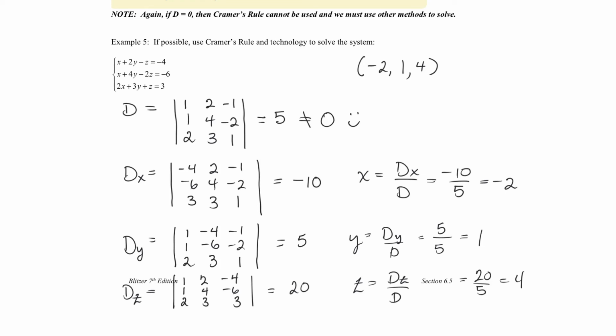And so by evaluating at most 3, maybe 4 determinants, right, you can solve that system of 3 equations and 3 unknowns using Cramer's rule as long as that determinant in the denominator is not equal to 0. And with technology, that makes pretty quick work of solving that system.